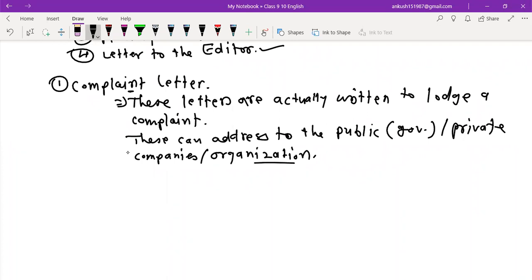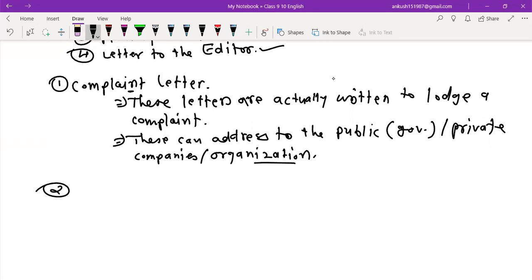Organizations include the police station as well. Whenever you lodge a complaint at a police station, you are going into the police station and lodging your complaint, that is a public organization. Or it is the institution where you are lodging your complaint. Okay, have you got the point? Yes, sir.